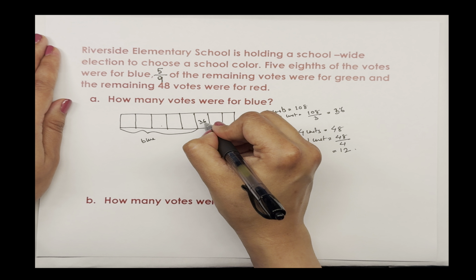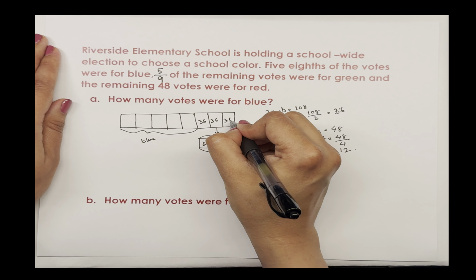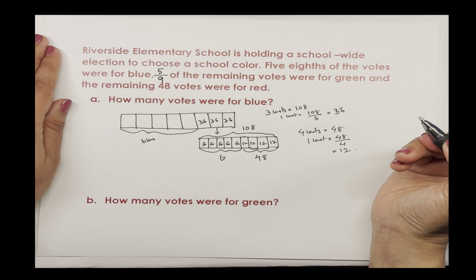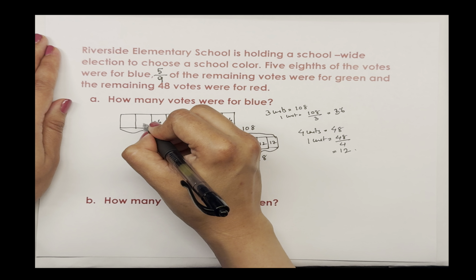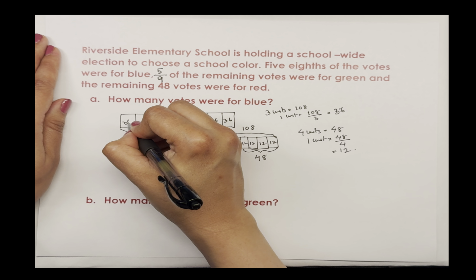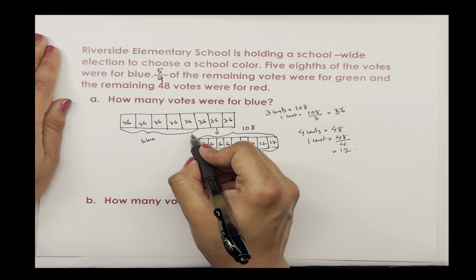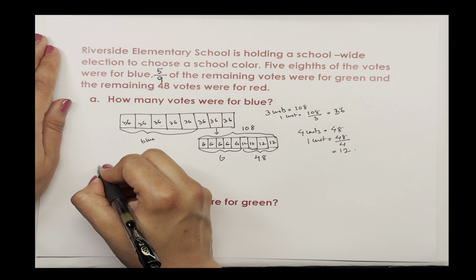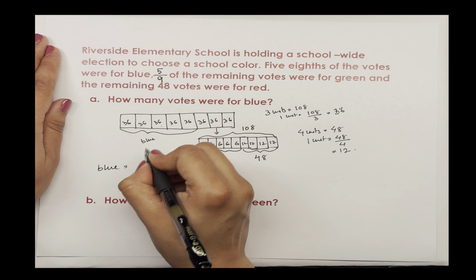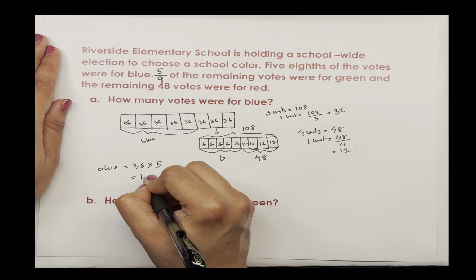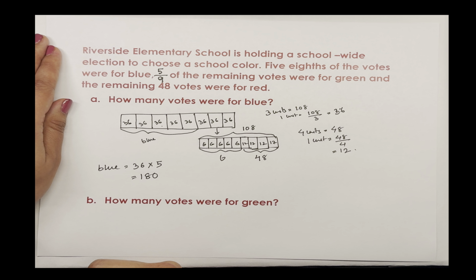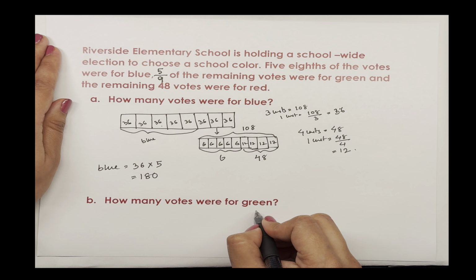So this is 36, this is 36, this is 36, this is 36, this is 36. Each of the parts is 36. So for blue, the blue votes will be 36 times 5. That is 180. How many votes are green?